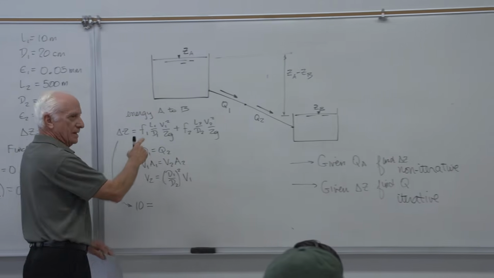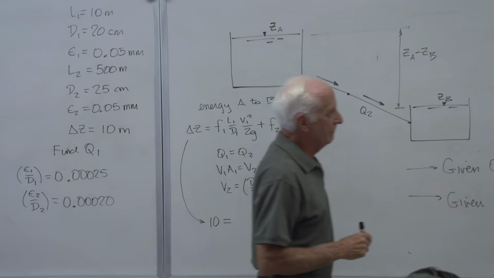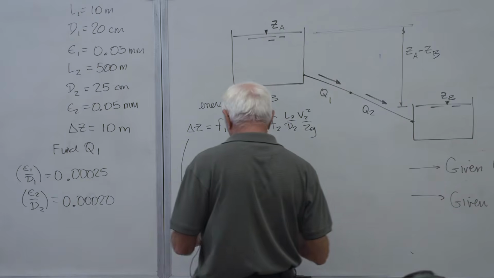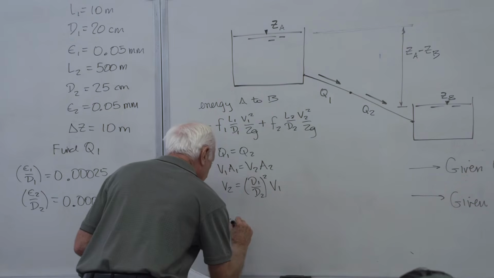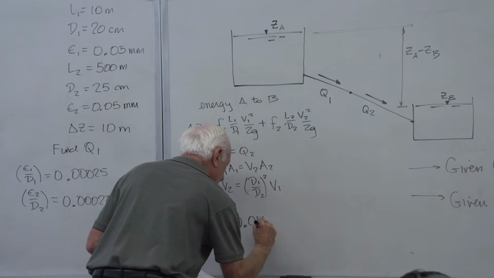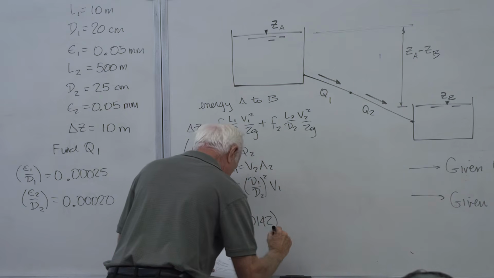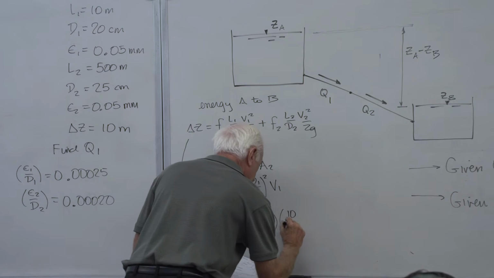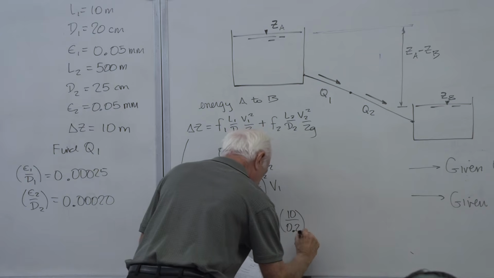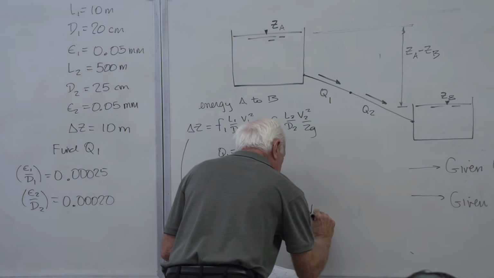Okay, put them in the energy equation. F1, 0.0142, and now put in my L over D, V1 squared over 2g.